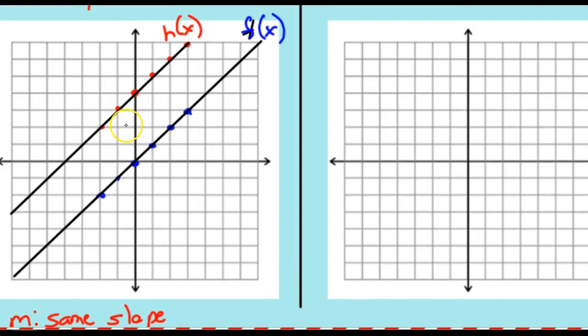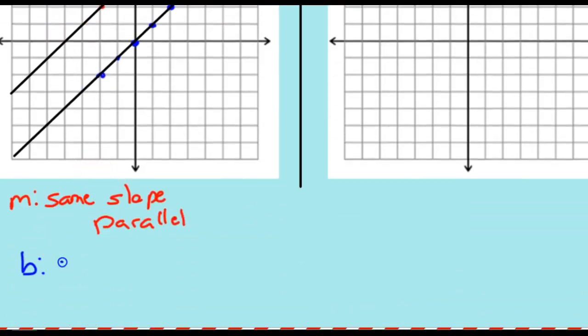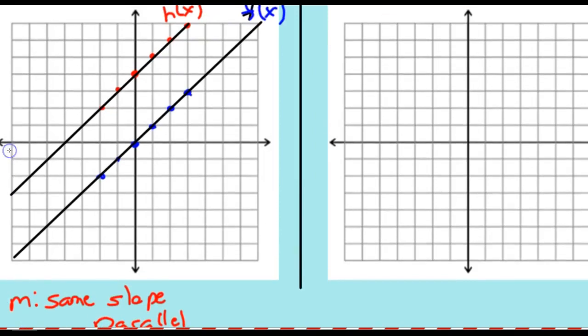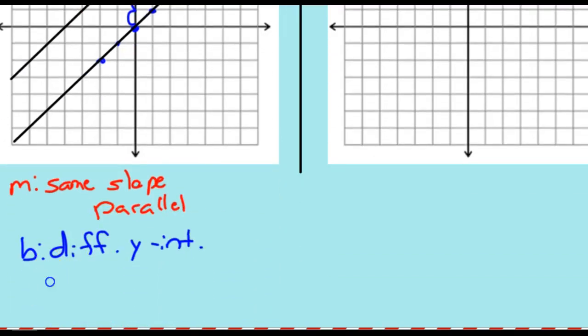Well, to me, it looks like they're not the same because they're crossing the y-axis at different places. So I know that we have different y-intercepts. But how are they different? Well, it looks like it goes up by 1, 2, 3, 4. So moved up 4.